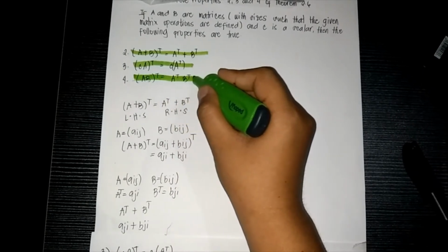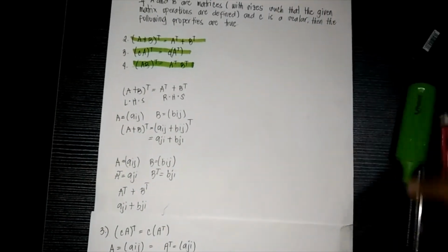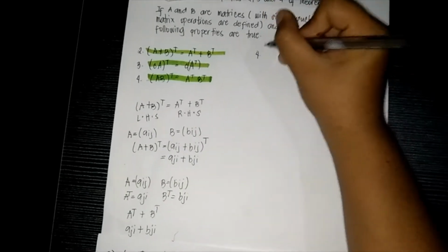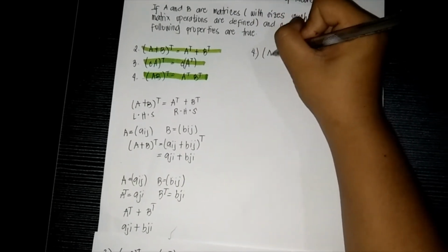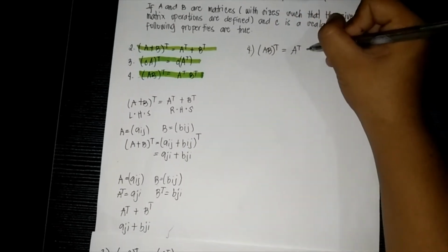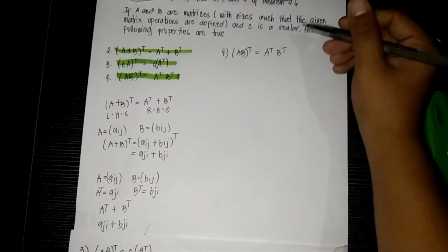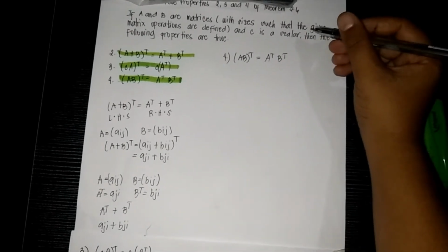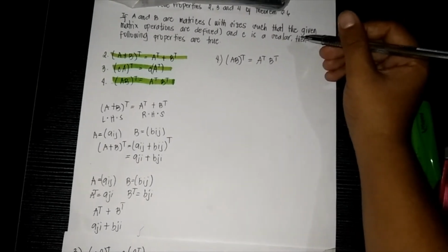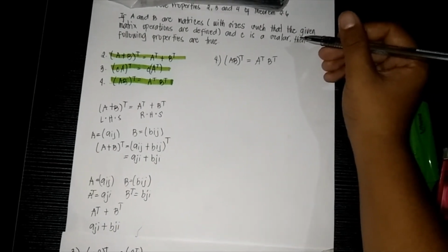And lastly, we need to prove (AB) transpose is equal to A transpose B transpose. So we need to write it here. Number 4, which is (AB) transpose is equal to A transpose B transpose. So now we need to make a conjecture about the transpose of the product of two square matrices. Select two other square matrices to check your conjecture.